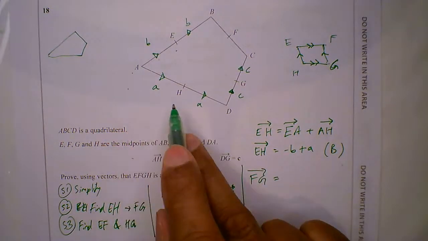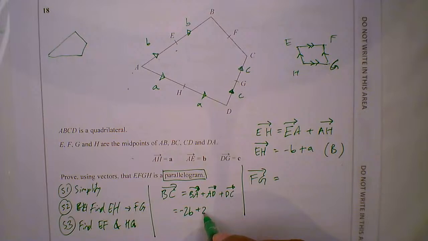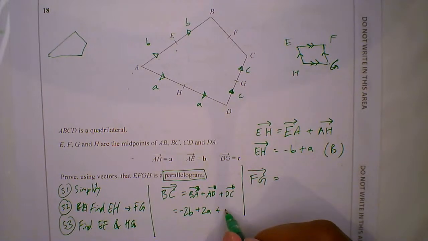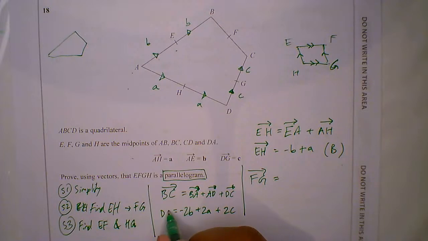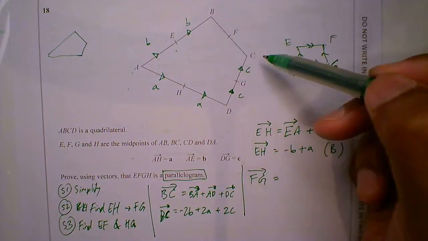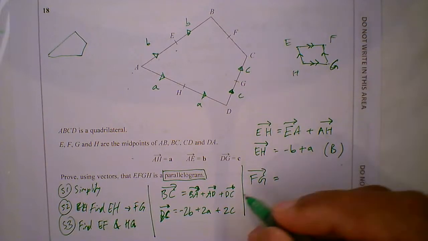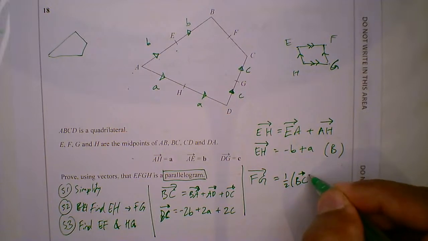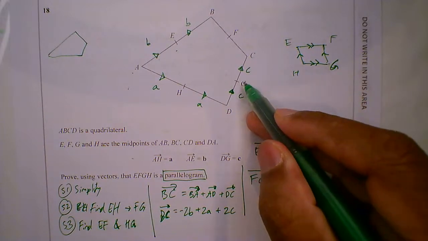A to D is a and a, which is plus 2a. D to C is c and c, so that's plus 2c. So BC is that. F is the midpoint of BC, which means I need half of BC. Okay, so I've got that now. Then I've got C to G.